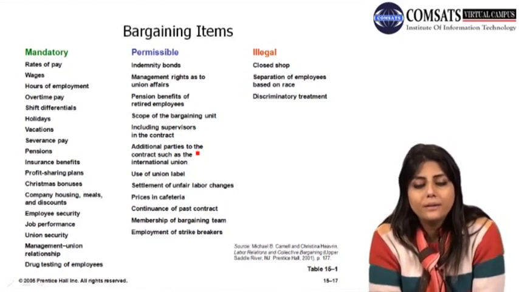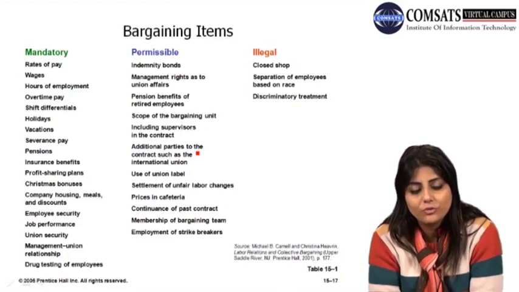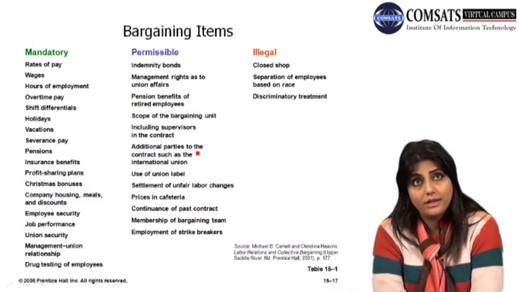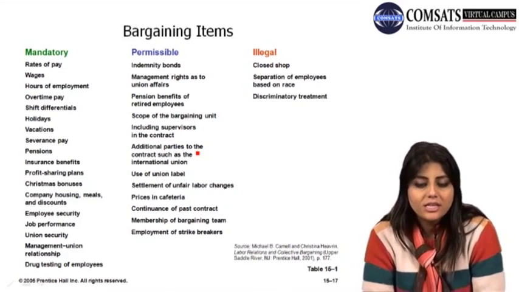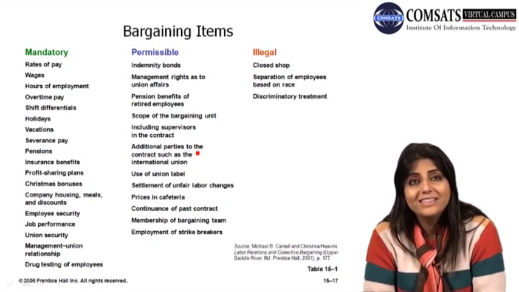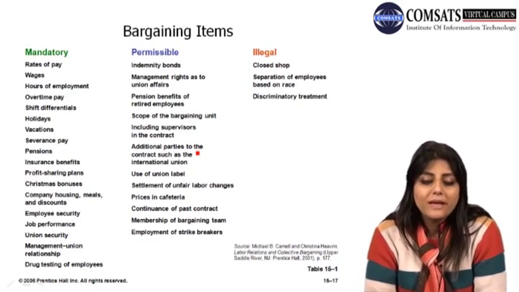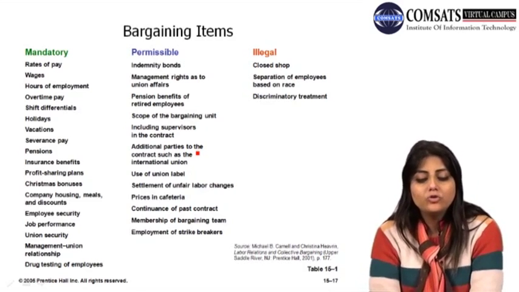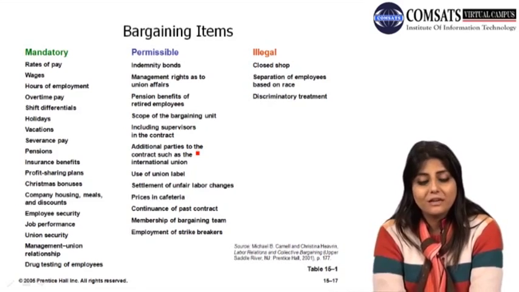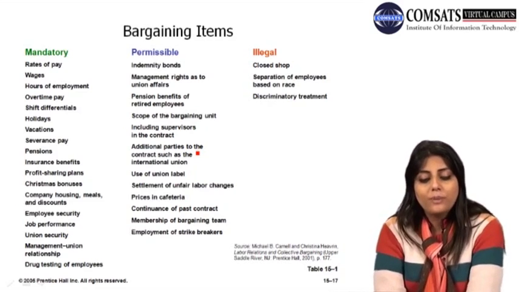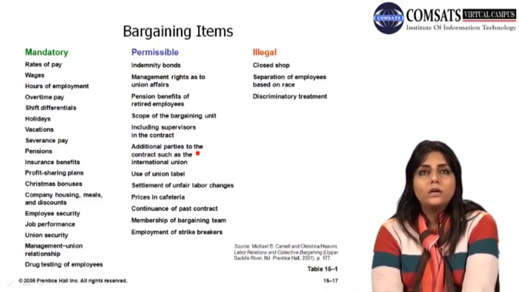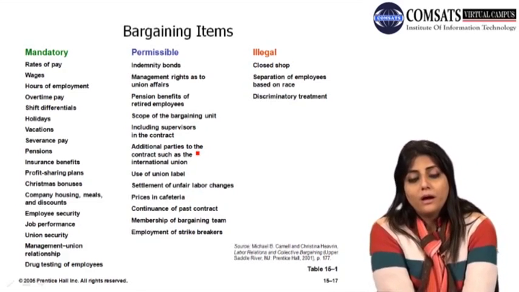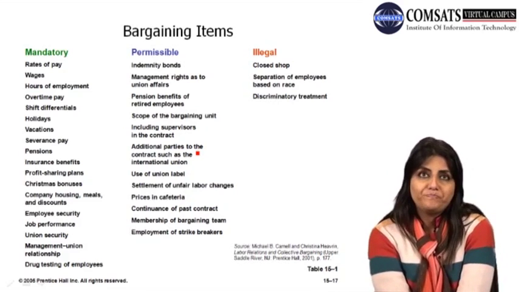The permissible items are the ones which are at the discretion of both parties, and if they want to, they can negotiate on these items, such as indemnity bonds, management rights as to union affairs, pensions, benefits of retired employees, scope of the bargaining unit, use of union labor, prices in cafeteria, continuance of past contract, and employment of strike breakers. These are a few examples from the permissible list.